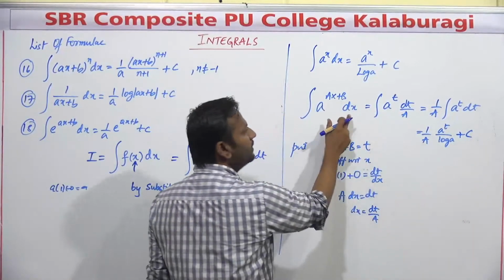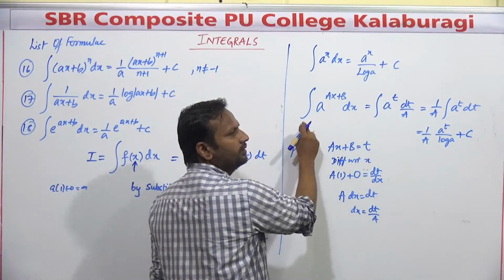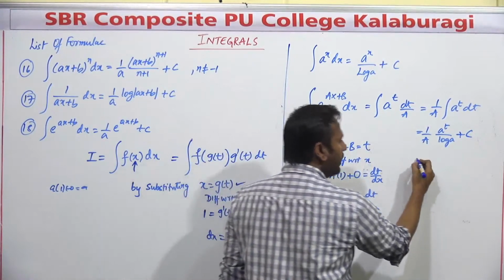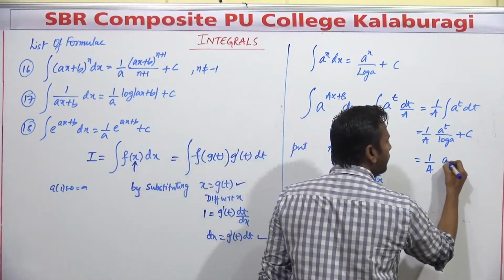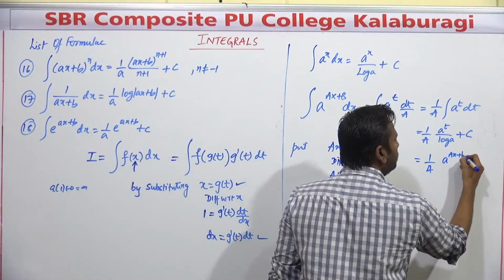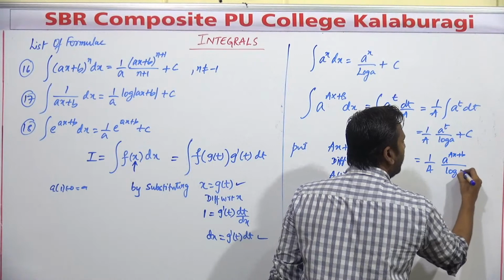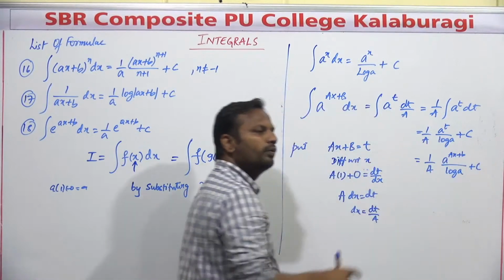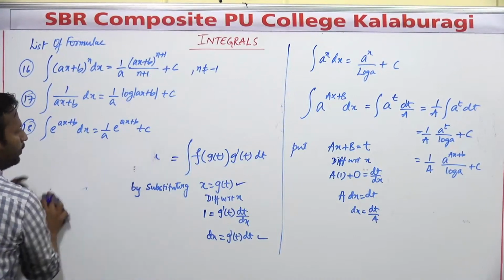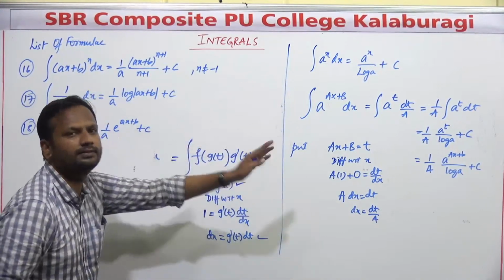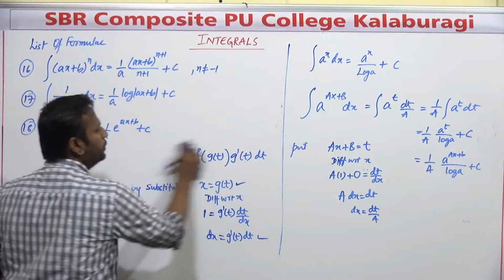We need the answer in the form of x. They have asked integration with respect to x. So again you replace t as capital ax plus b: a raised to ax plus b divided by log a plus c. So we got one more formula, using the same procedure, the method of substitution.